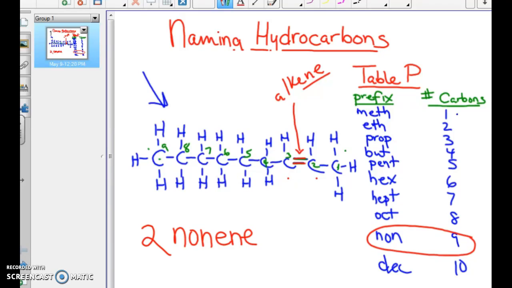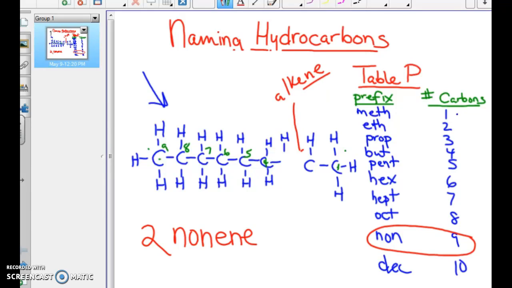Alrighty. Let me throw in a word here. This is 2-nonene. If I were to move that double bond, let's say from between the second and the third to between the first and the second, say I move that, and I change this a little bit.